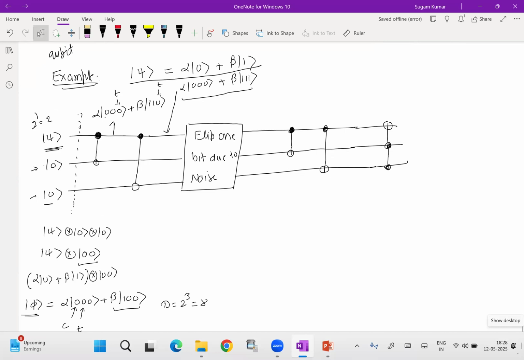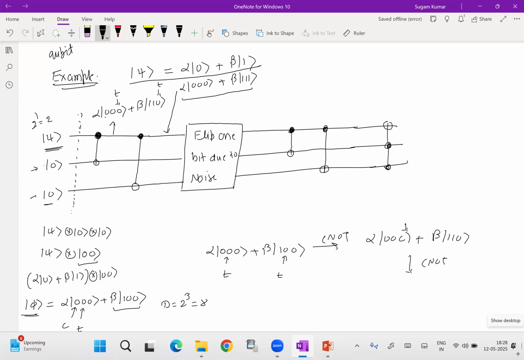I hope you are comfortable with everything. If not, I can write it again. When you apply on the first, let us say alpha 0, 0, 0 plus beta 1, 0, 0. When you apply the first C0 gate, this bit is going to act like a target bit, and this changes to alpha 0, 0, 0 and beta 1, 1, 0. Again, you apply the CNOT gate. What will you get now?